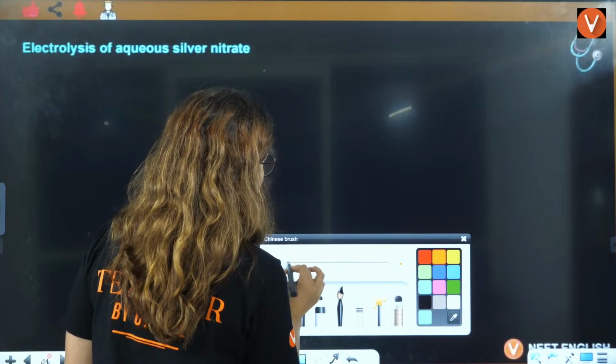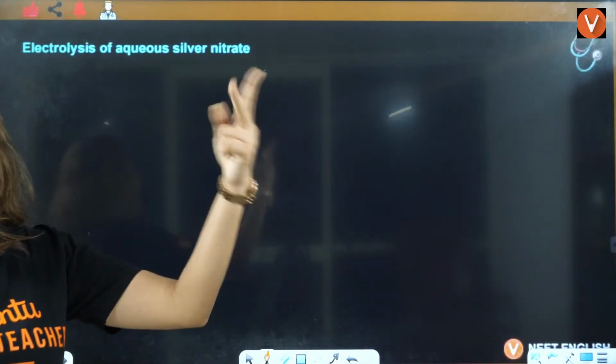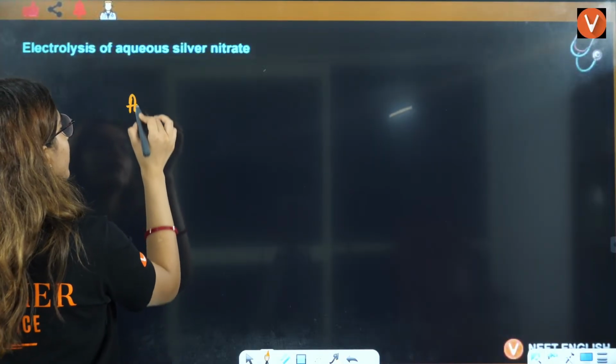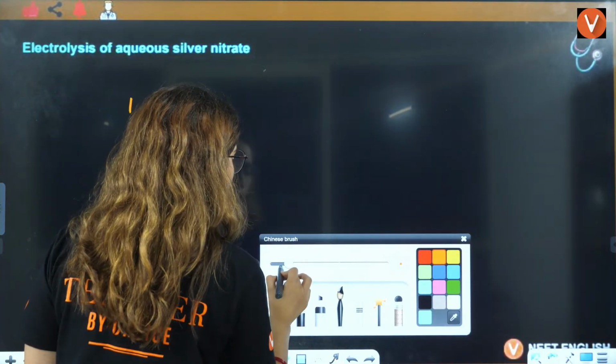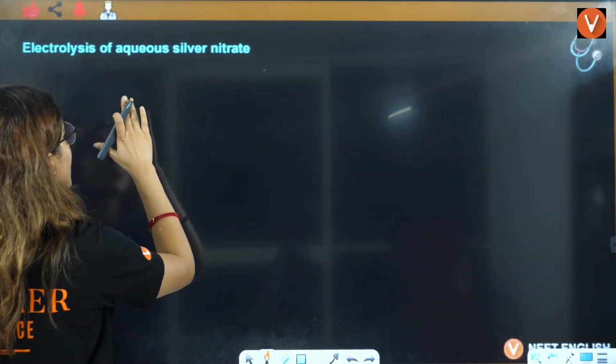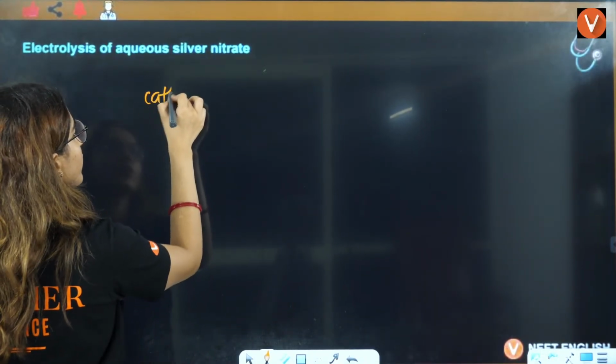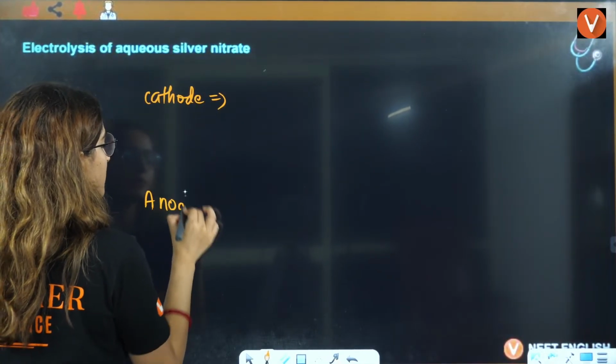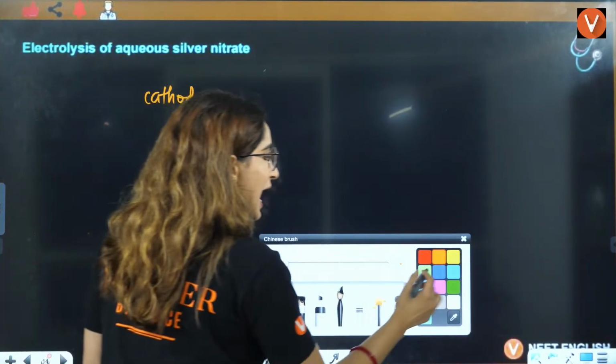Now, two things we have: anode and cathode. So, let's write it here. First I'm going to write cathode here, and this is anode. Possibilities: you have an aqueous solution.